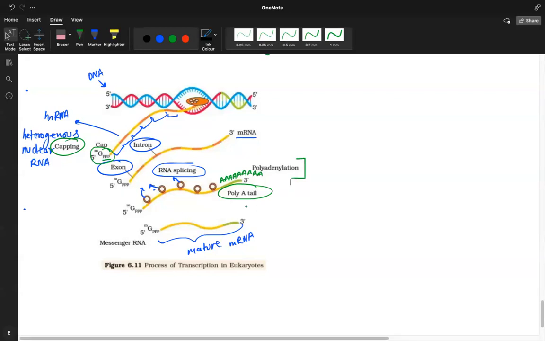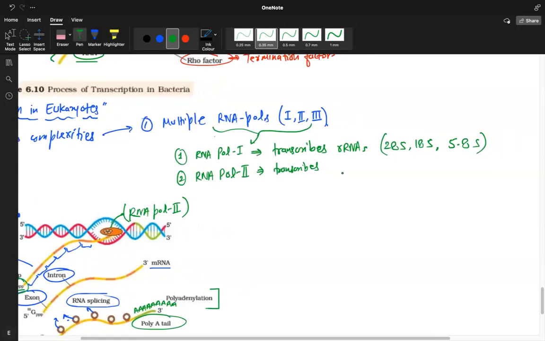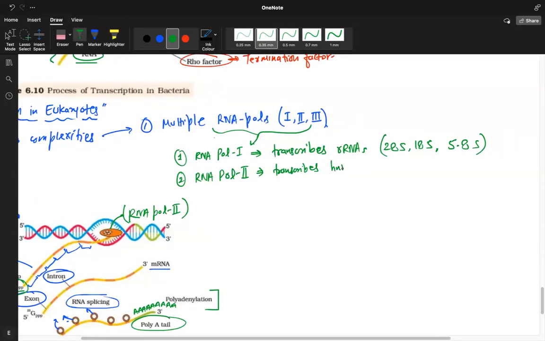Yes. Yeah. So this splicing happens, mature mRNA comes, and this is done by RNA pol 2. So RNA pol 2 transcribes, let's go back and write, it transcribes mRNA. But before that, write hnRNA, because it transcribes hnRNA.